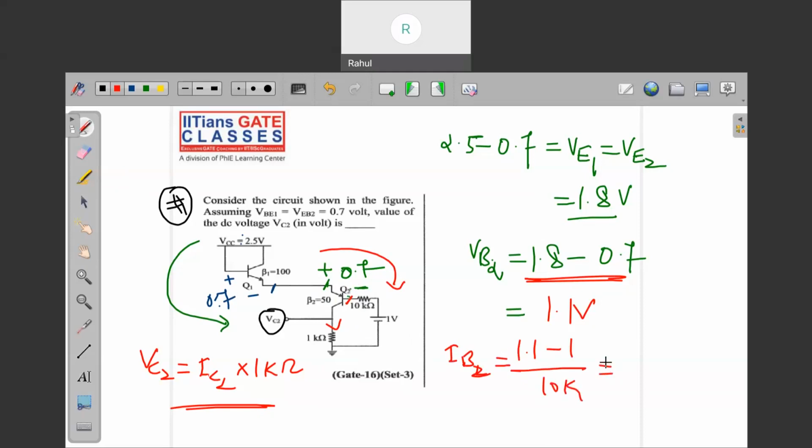IB2 you will get here is approximately 0.1 upon 10 kilo, so 0.01 milliampere current is there, IB2.